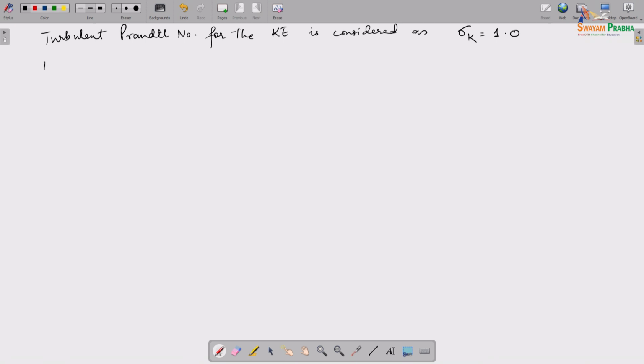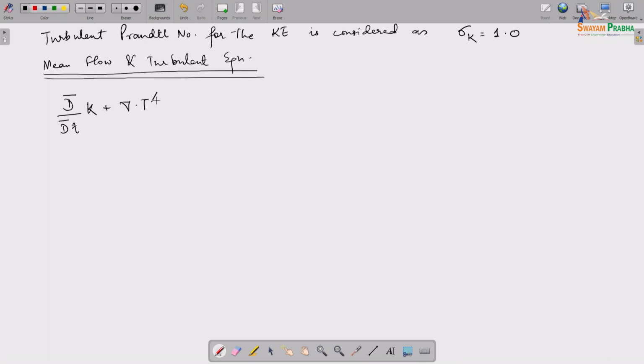Now mean flow and turbulent K equation: flux, production, epsilon, diffusion.